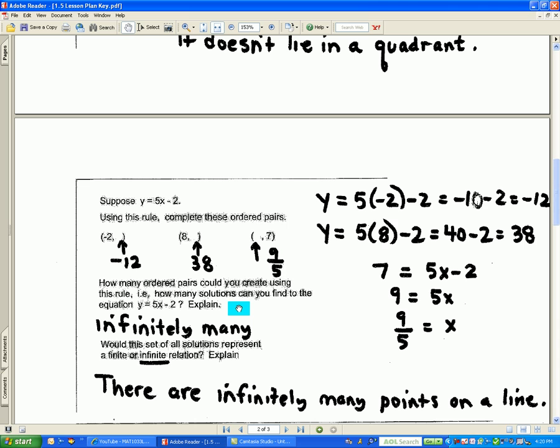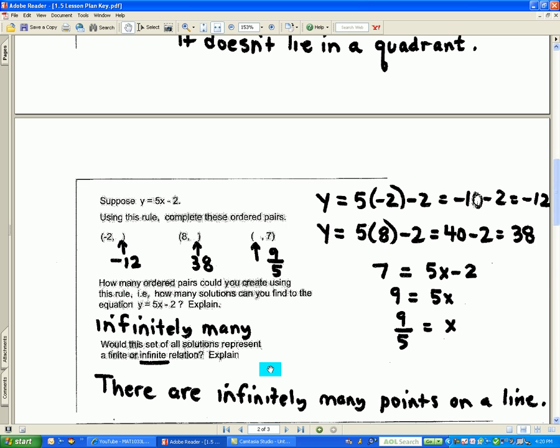How many values could you put in for x? Well, I would turn the question around: how many numbers are there? Infinitely many. You can put as many values in for x as you want to. 1, 2, 3, 4, 5. There's one pattern all the way up, never ending. So that tells me that there are infinitely many solutions to this equation.